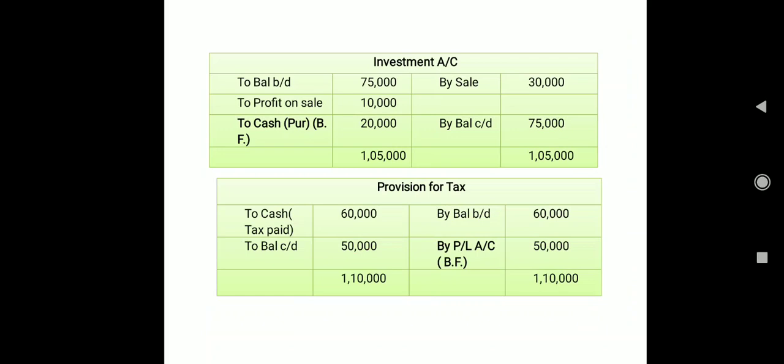Please get this clearly: this balancing figure which we are going to transfer towards the profit and loss account is going to be our provision for tax made during the year. Okay, and this we are going to treat as a non-cash expense. Okay, and tax paid we are going to treat as the application of fund. I hope it is clear.